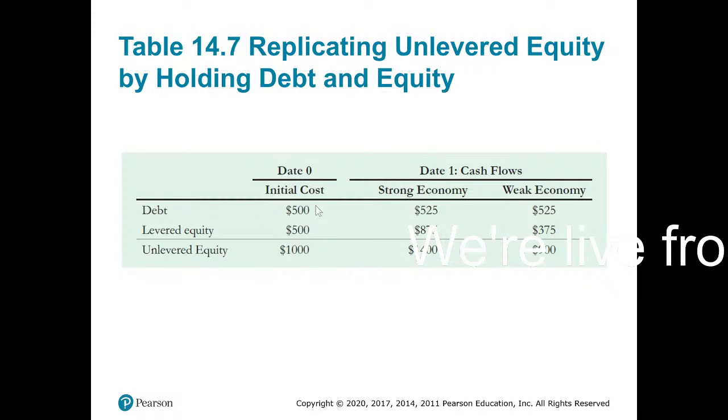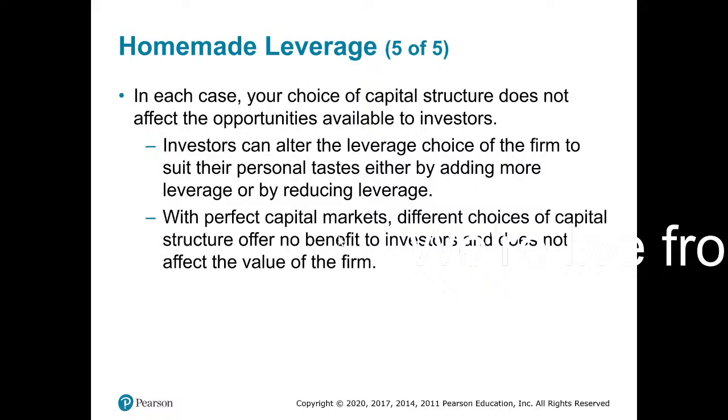So we can hold 500 debt and 500 equity. And together we have 1,000. So in each case, your choice of capital structure does not affect the opportunities available to investors. So the argument is either the company can do the leverage or the investors do the leverage by themselves. So the end result should be the same.